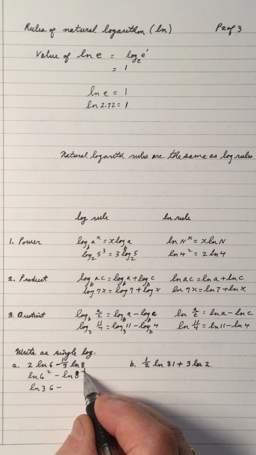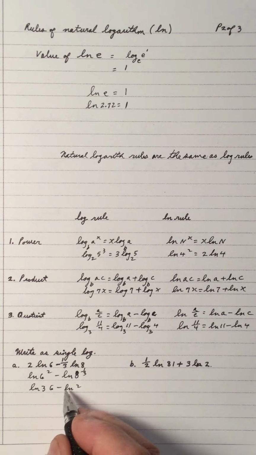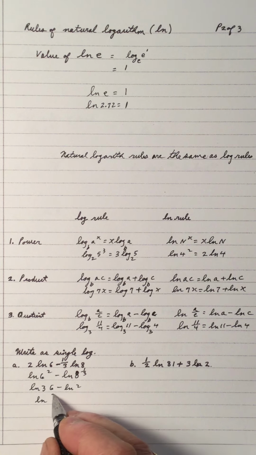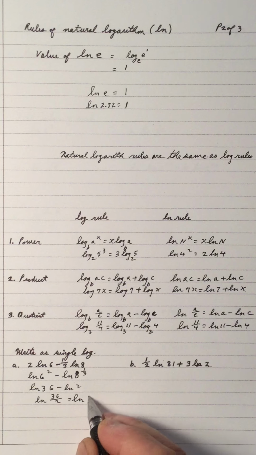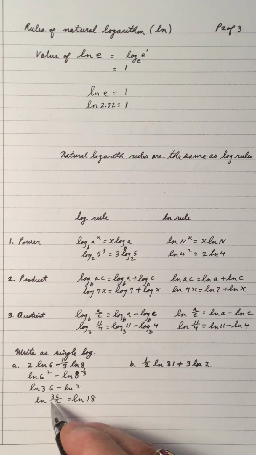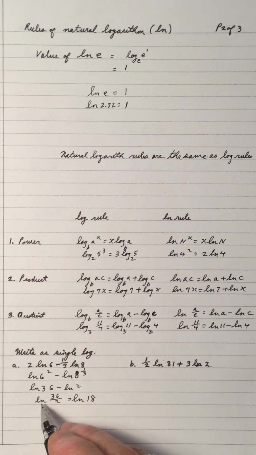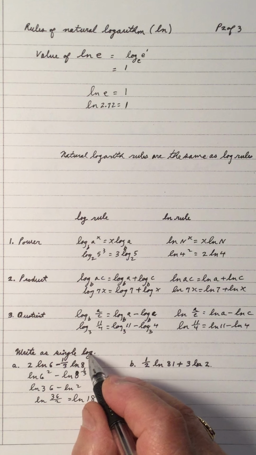And 8 to the 1/3 is the cube root of 8, so that's a 2. So the ln of the subtraction is the quotient of the lns. So that's the ln of 18 as a single log. Again, when we say single log, we mean ln. In this case, it has to be ln, even though I say log here.